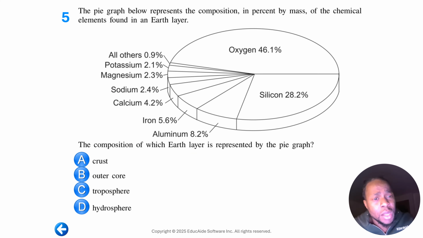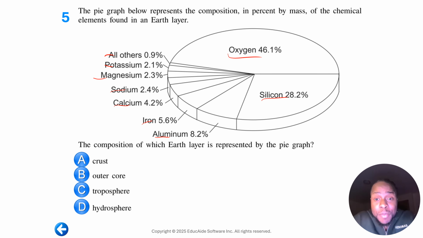Last question. The pie graph below represents the composition in percentage by mass of the chemical elements found in Earth's layer. So we have that this Earth's layer is composed of oxygen, silicon, aluminum, iron, potassium, and so on. The composition of which Earth layer is represented by the pie graph?